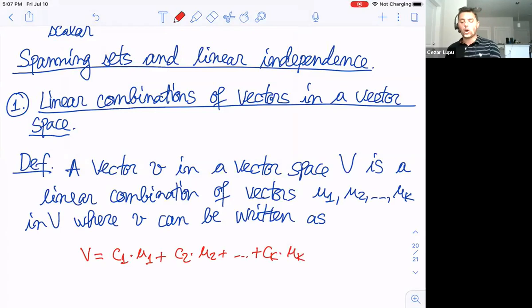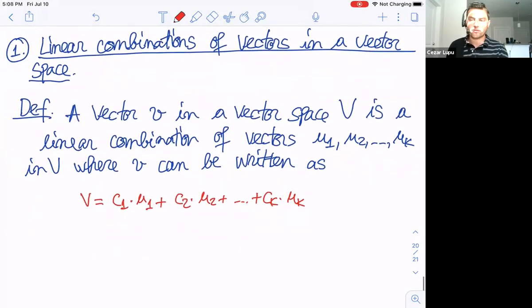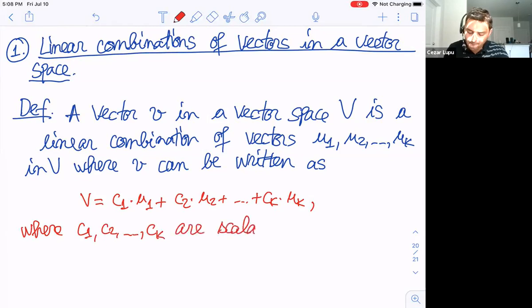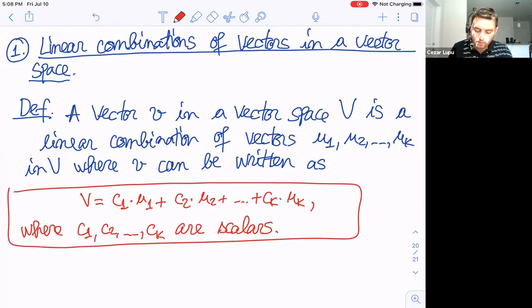That's what we call a linear combination of vectors in a vector space, where C1, C2, ..., CK are scalars.